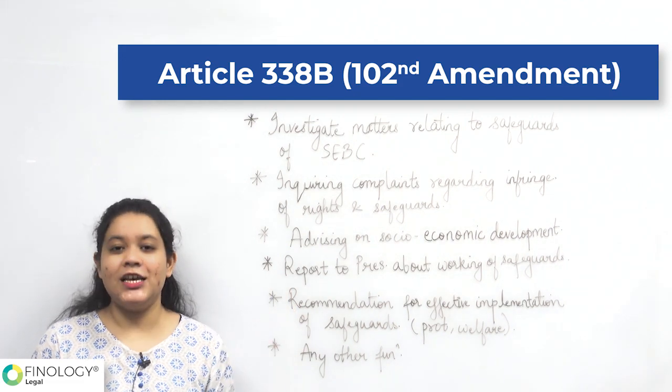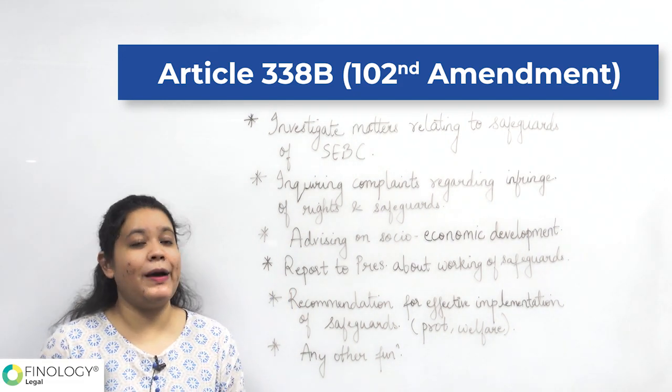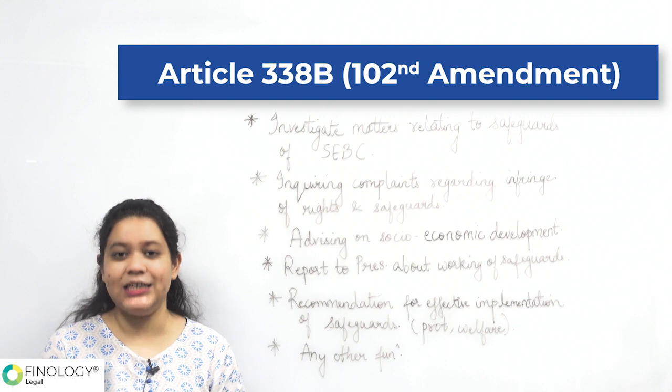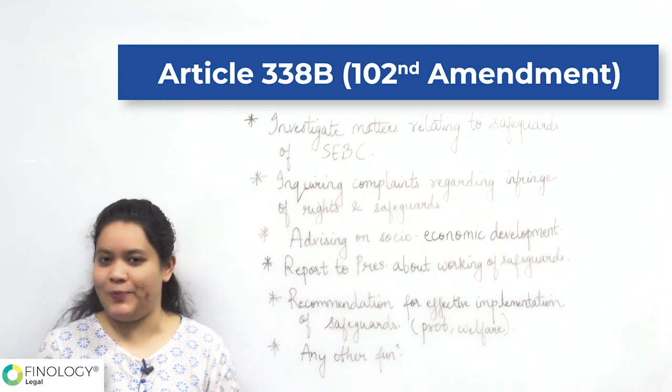Now we will discuss the articles that have been inserted with the help of this 102nd Amendment Act. There are basically two important articles inserted by it. The first article is Article 338B.